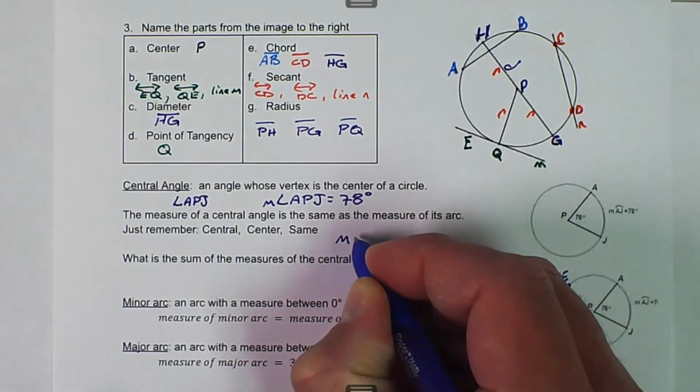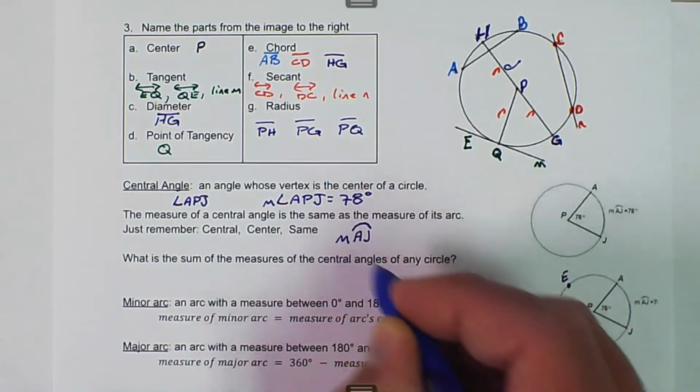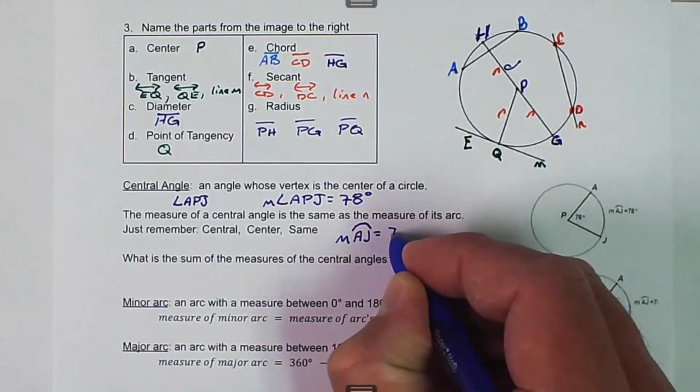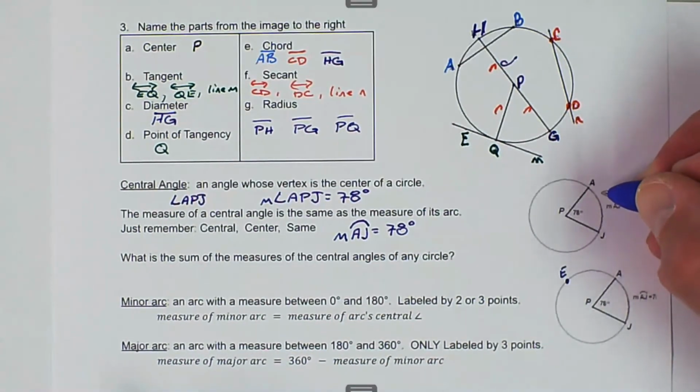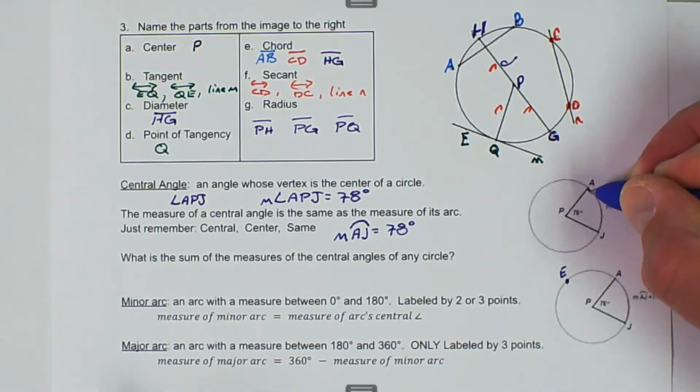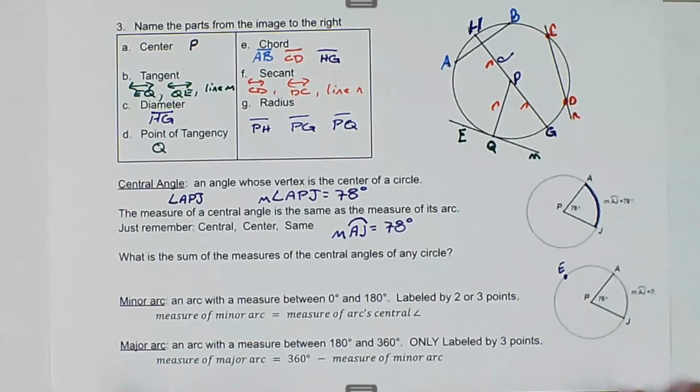So the measure of the arc AJ is also equal to 78 degrees. And the arc AJ is the arc that goes around the circle from A to J.